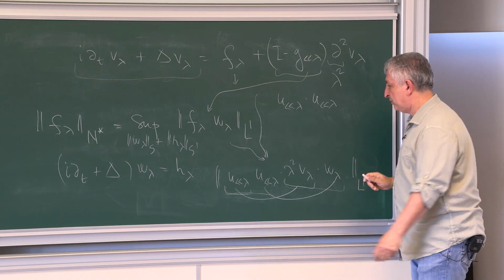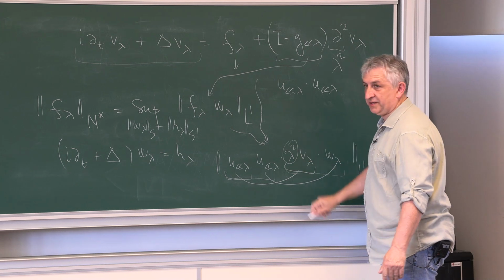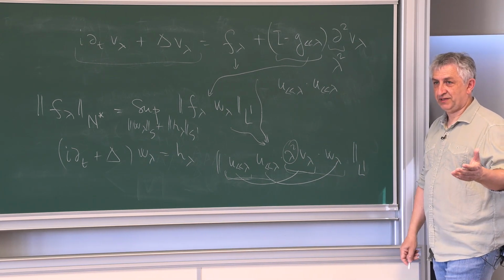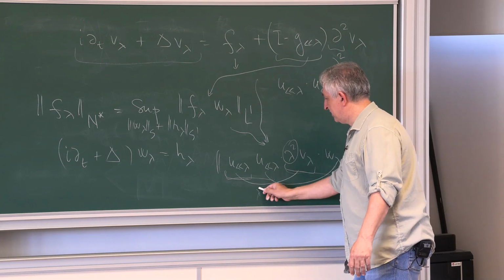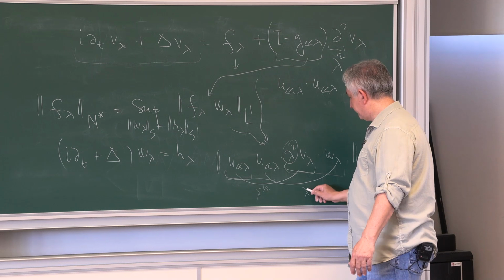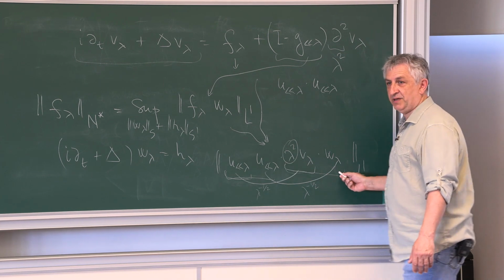Let me show you one last thing in terms of the number of derivatives. Here you have two derivatives, which is bad. You don't want to lose two derivatives. Every time you do a bilinear estimate, you gain half a derivative. So you gain half a derivative from here, half a derivative from the other bilinear estimate.